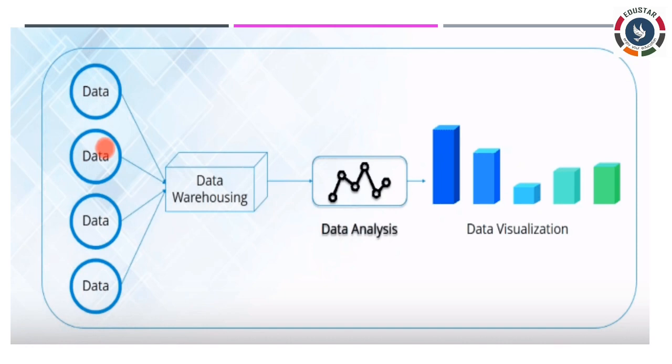For example, different types of data will be there, and the data for visualization comes out from the data warehousing. Once we have stored the data, we can perform certain analysis on it. We can perform joins, merge the data, and search the data, etc. That is data analysis.